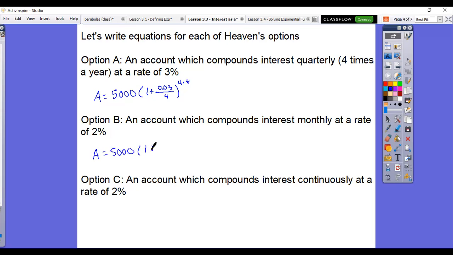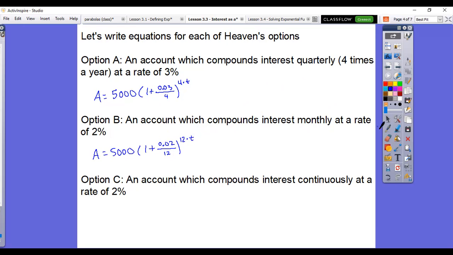And then it's still 1 plus, this time the rate is 0.02. Instead of being compounded quarterly, we're going to compound monthly, and there are 12 months in a year. So this is going to be over 12, and then to the power of 12 times T. Again, the amount of money in this account is going to depend on how long Heaven leaves the money in the account.